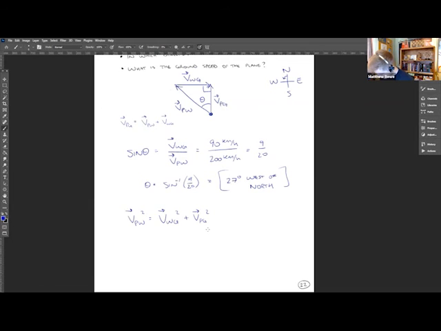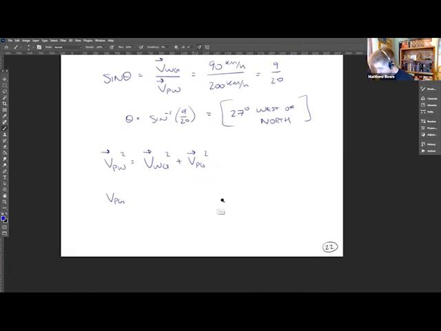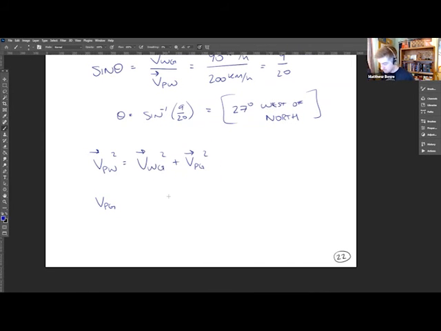Okay. All right, so we're going to rearrange this because we want to find this one by itself. Actually, at this point, I could just leave the arrows off because this is going to be a magnitude. Equals, I'll just skip a couple steps. Not a, it's wind squared.